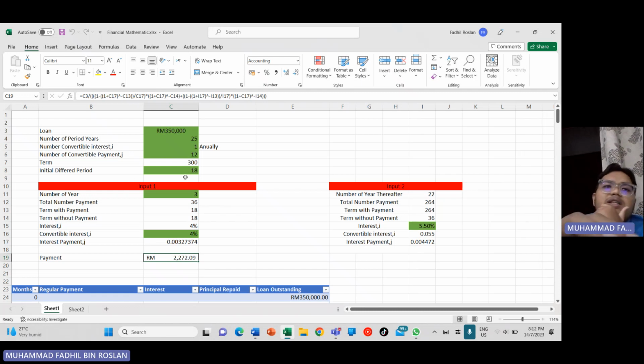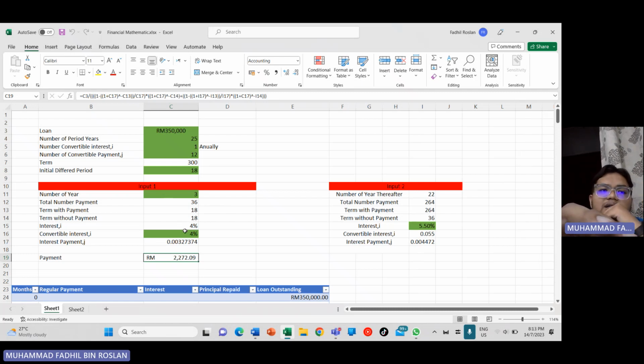The initial deferred period is 18. So we need to do two inputs, input first and input second. For the first input, the 3 years have 4% interest, number of years is 3, total number of payments is 36, term with payment 18, and term without payment is also 18.